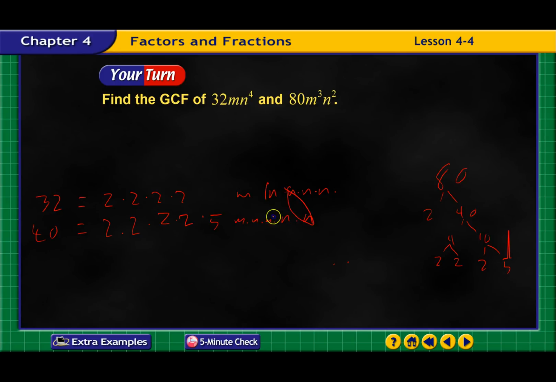So I have an n, 1 m, and then 4 of these. So my greatest common factor is going to be 2 times 2 is going to be 16 m and n squared. See if we did it right.